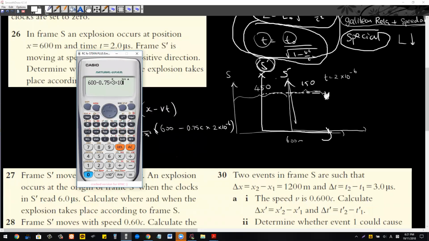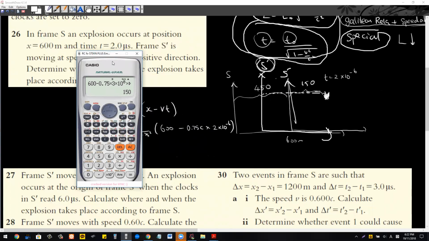3 times 10 to the power of 8. I'm going to do everything in meters, because everything is 600 meters, so I'm assuming 3 times 10 to the power of 8 here, and then times 2 times 10 to the power of minus 6.